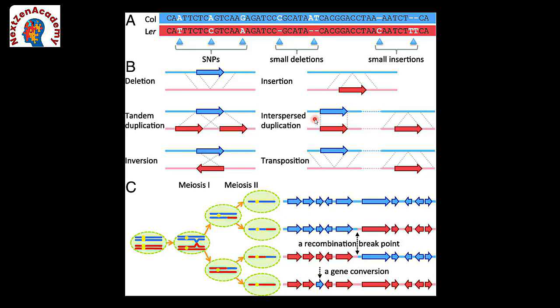Tandem repeats: you can see in the reference only one set of bases is there, but the same set is duplicated two times in the sample of our interest. That is called tandem repeats. That is happening two times in the same set.